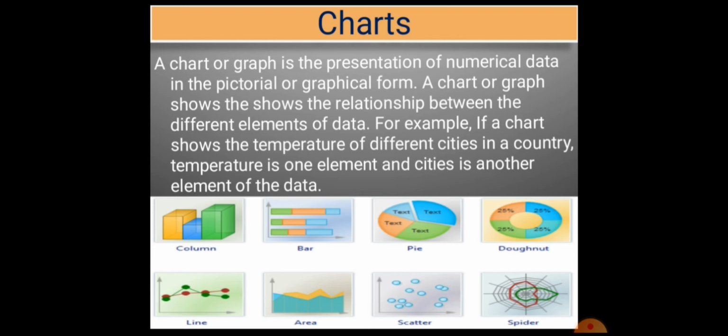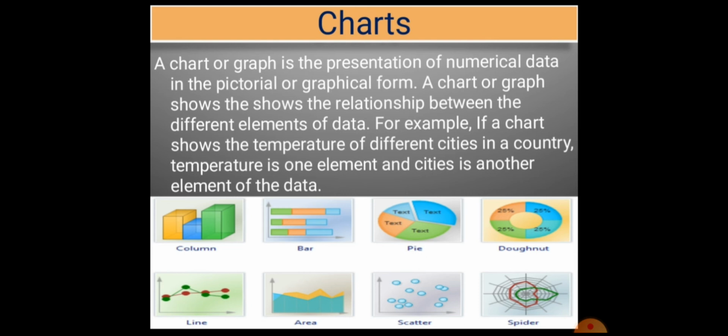For example, if a chart shows the temperature of different cities in a country. Now we have an example of chart which is showing the temperature of different cities in a country. So here we have two main important components. We have two main important elements. First is temperature.